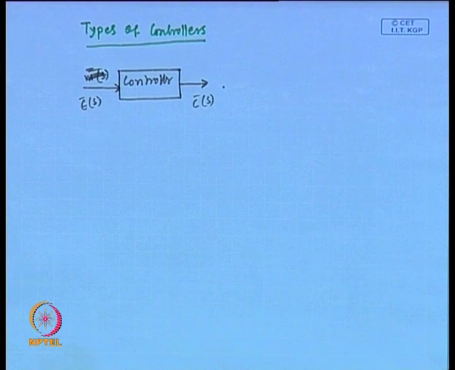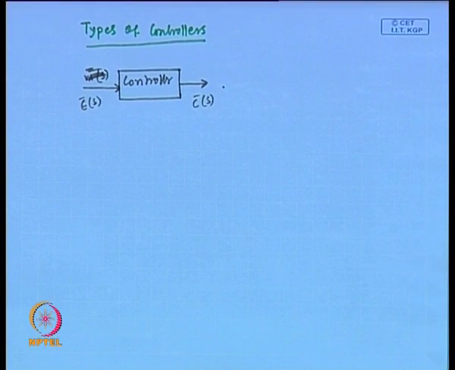So, basically the controller relates C to epsilon. So, various types of controllers differ in the way they relate C to epsilon.